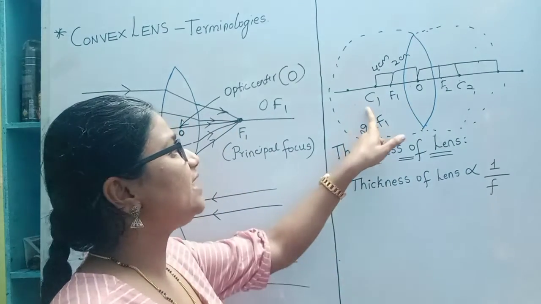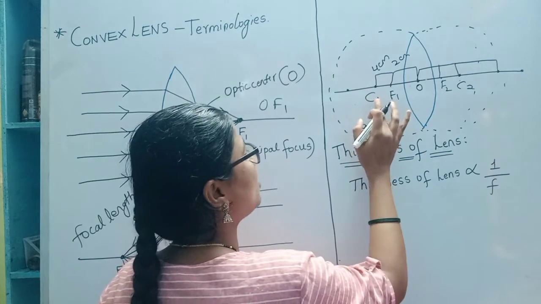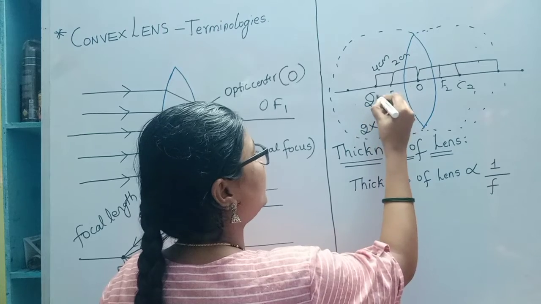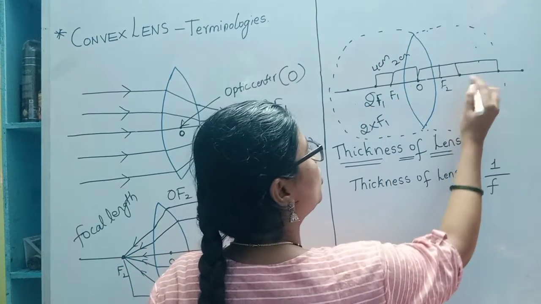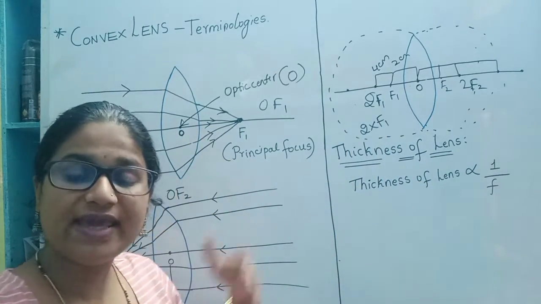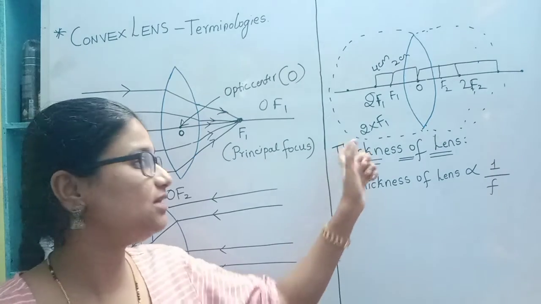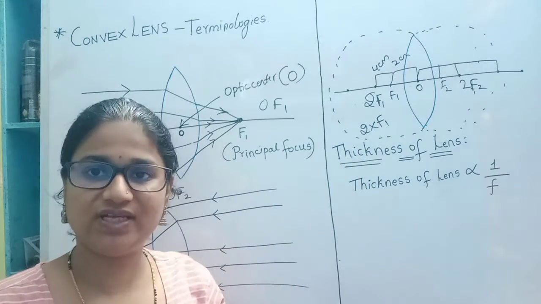So instead of writing C1 and C2 in lenses, we will write these points as 2F1 and 2F2. They will be twice the focal length. This is regarding the centers of curvature of the lenses.